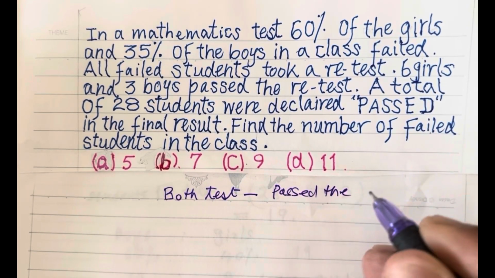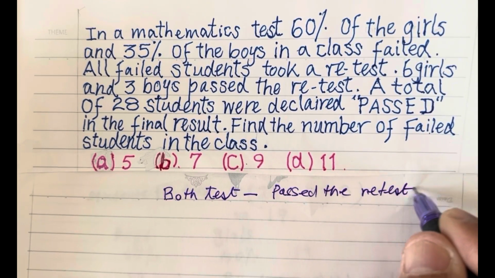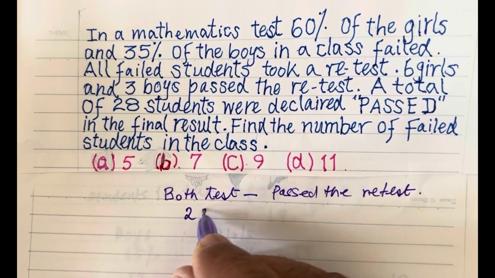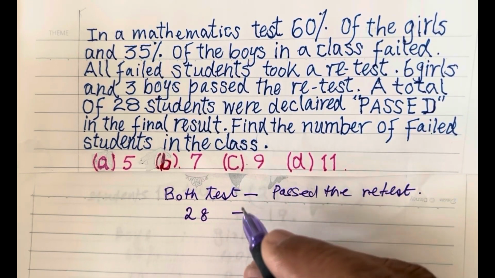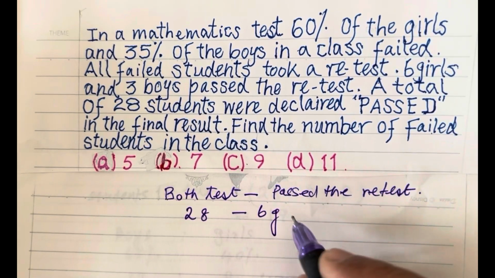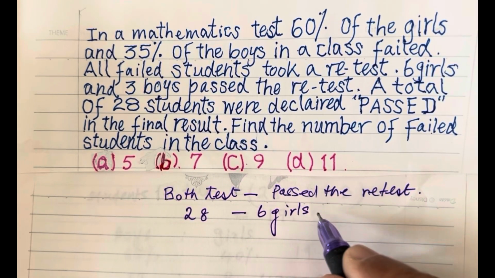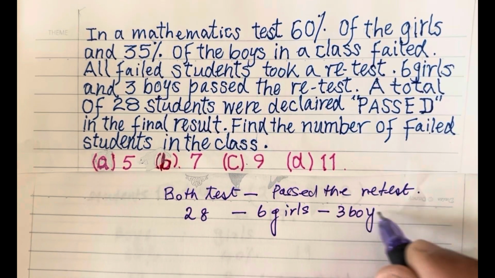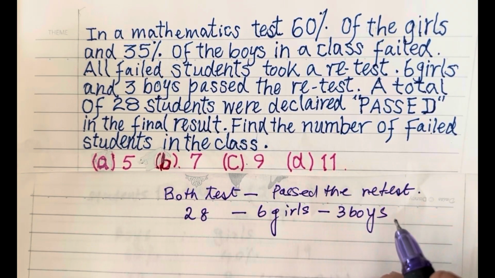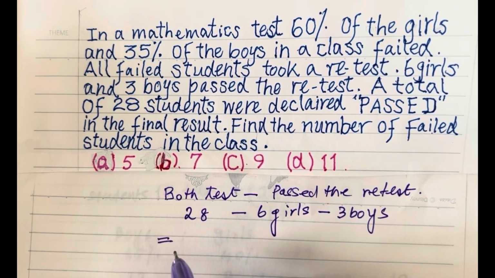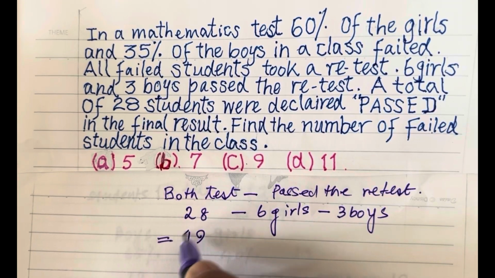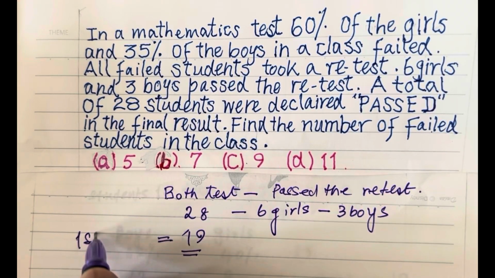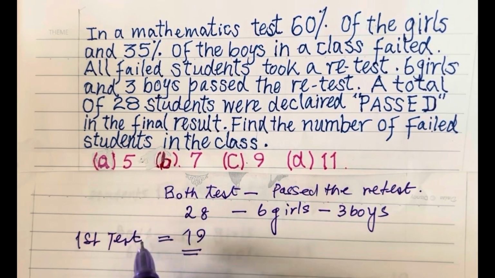As you know, the number of students who passed both the tests are 28, and in the retest 6 girls and 3 boys have passed. So we have to exclude them. So we get the number of students who passed the first test is 19. Right?